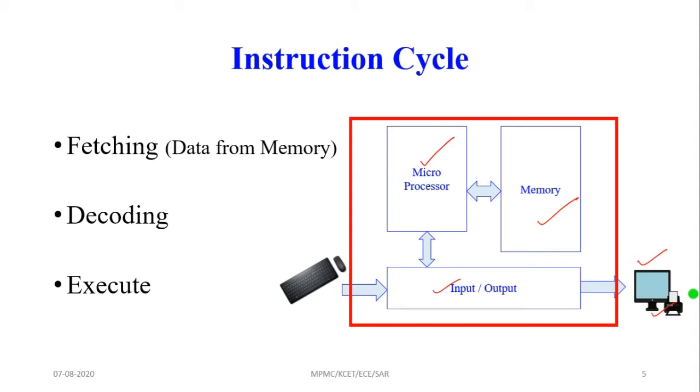The CPU has a memory element. There are two types of memory: one is the primary memory, another is the secondary memory. The primary memory has random access memory, RAM, and read-only memory, ROM. Everybody knows what random access memory is: it can perform read and write operations.